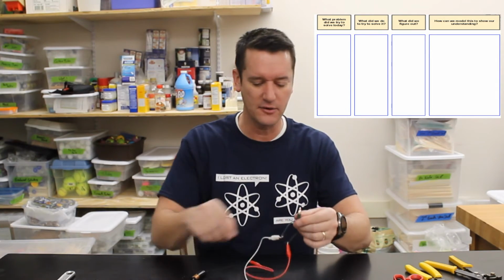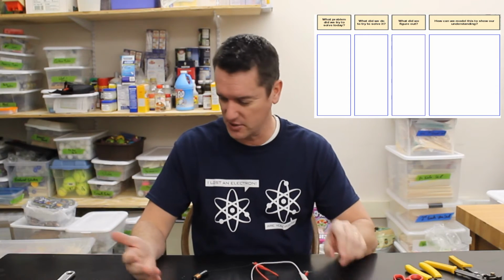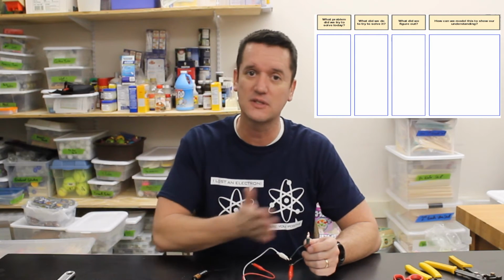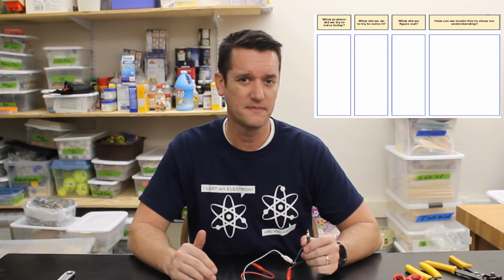So electrical energy goes from one side of the battery to the other side of the battery, and we need a complete circuit to do that. The last thing we figured out is conductors and insulators, and what makes a good conductor that allows electricity to move through and what makes a good insulator. So these are the things that you would put in that column.